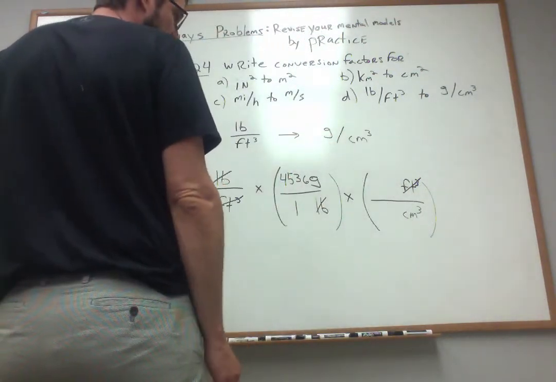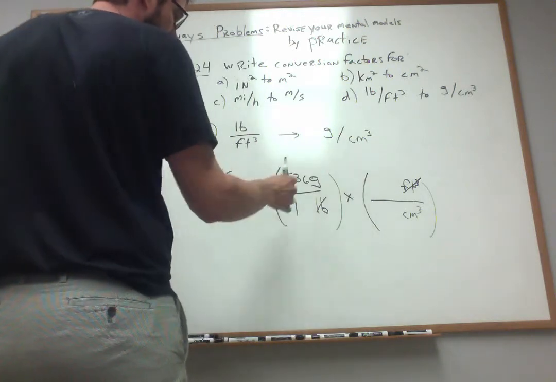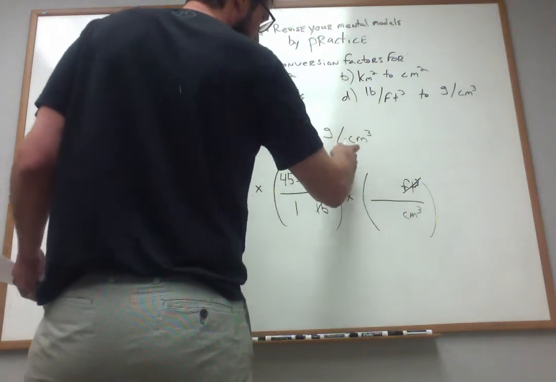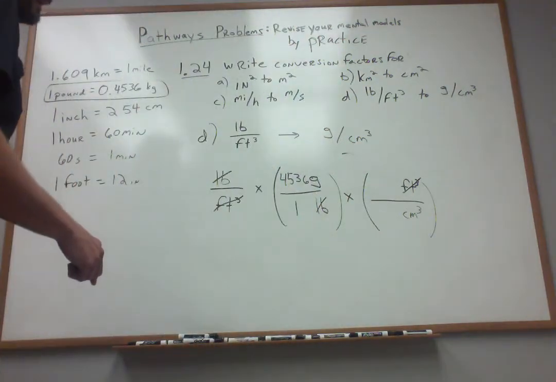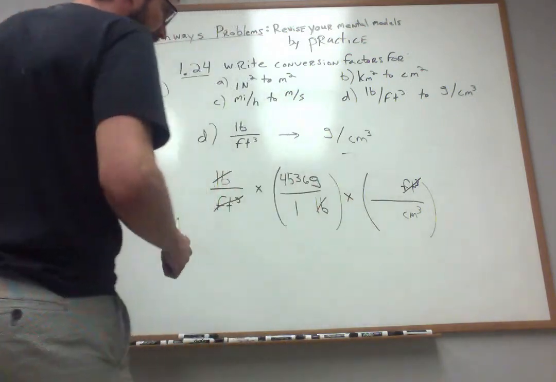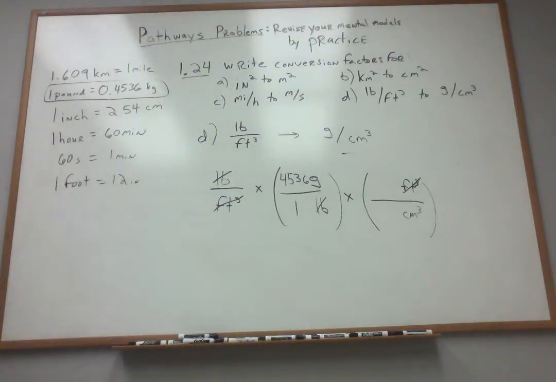If I put numbers here and did the math, I would end up with units of grams per cubic centimeter, and lo and behold, that's what we want. So the last thing that we need to do is figure out what numbers to put in this fraction to make this work. Everybody see that? Okay, now how in the world are we going to go about doing this? How can we figure this out?